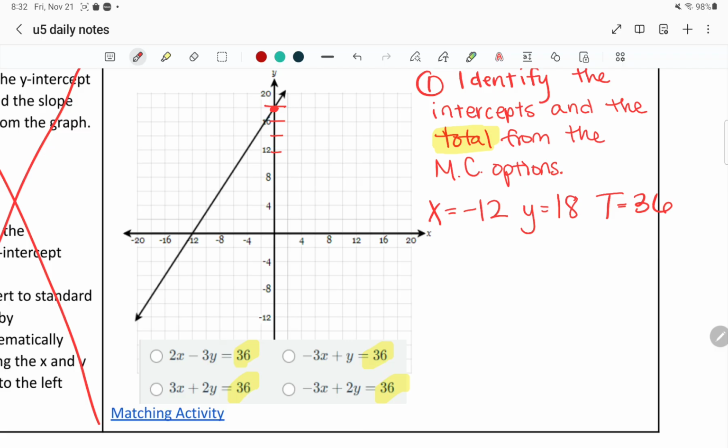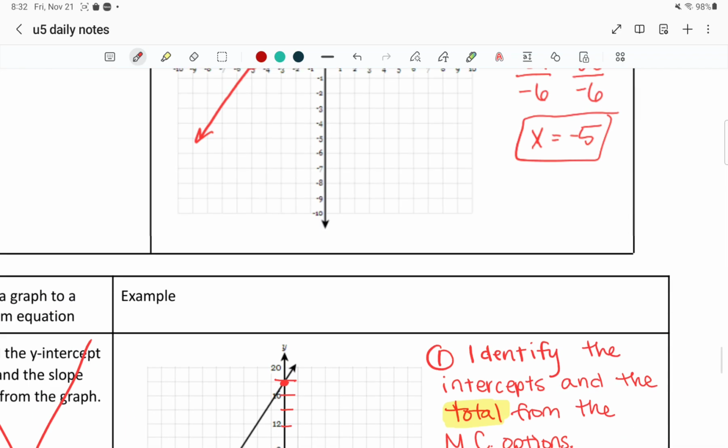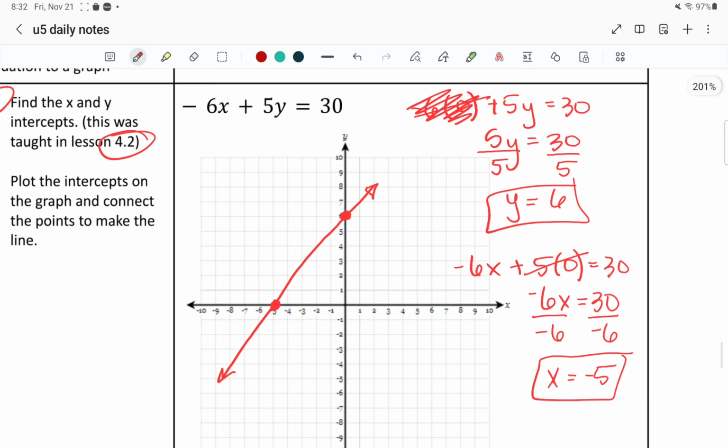Okay, what we're doing is we're doing the exact opposite of what we did on the problem before. So recap, we took from the equation the coefficients, right, the 5 and the -6, and we divided them to find the intercepts. Well, we're going to do the exact same thing. Specifically, we divided them from the total, right, the 30.